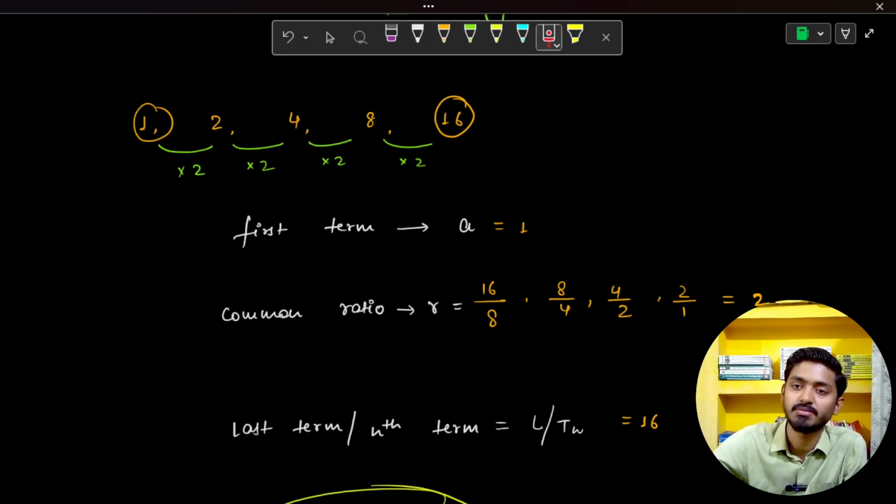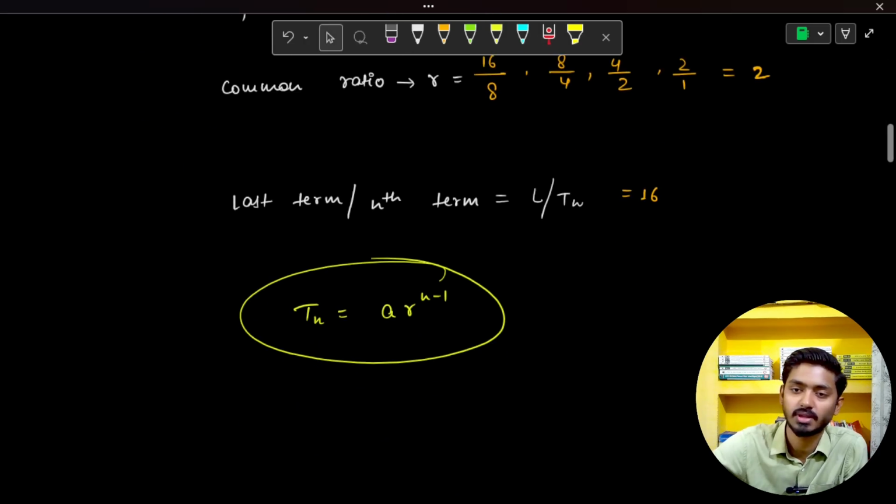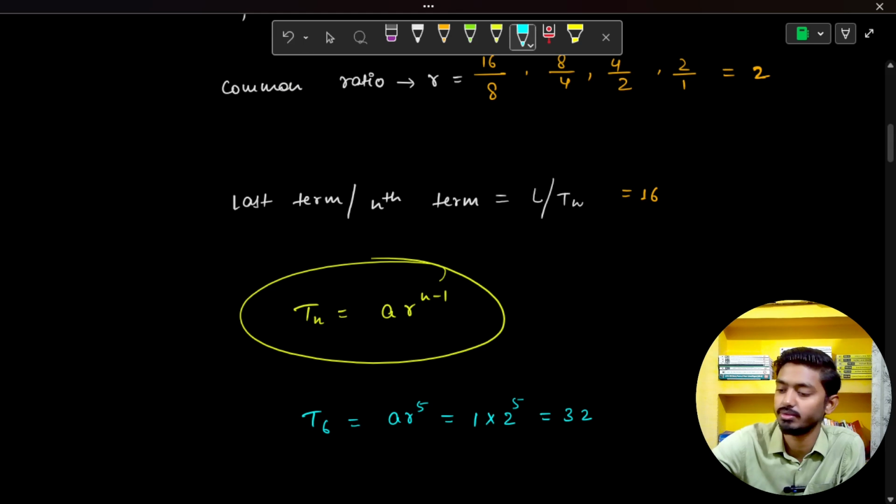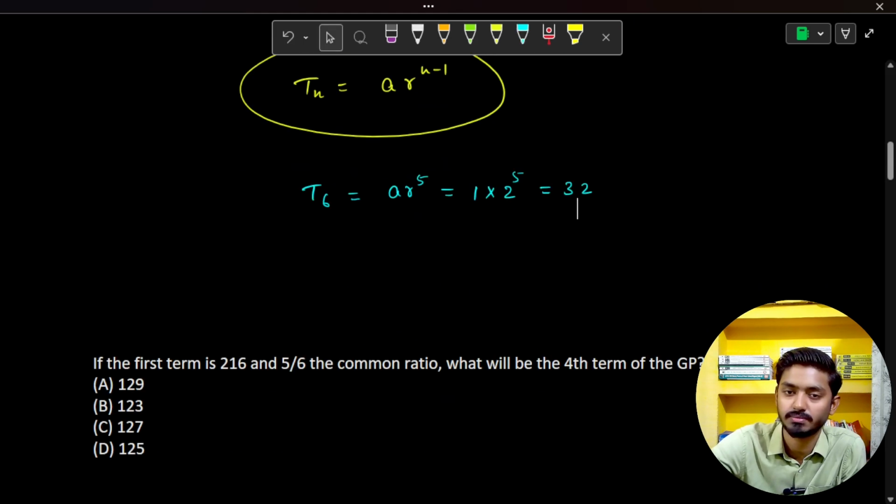What would have been the sixth term or seventh term? How would we have answered? We would have said, since you are asking for the sixth term, T6 would be equal to a r to the power 6 minus 1, which is 5. The value of a is 1. The value for r is 2, so 2 to the power 5, that is 32. Simple as that. That is how you use the general formula for Tn in a geometric progression.